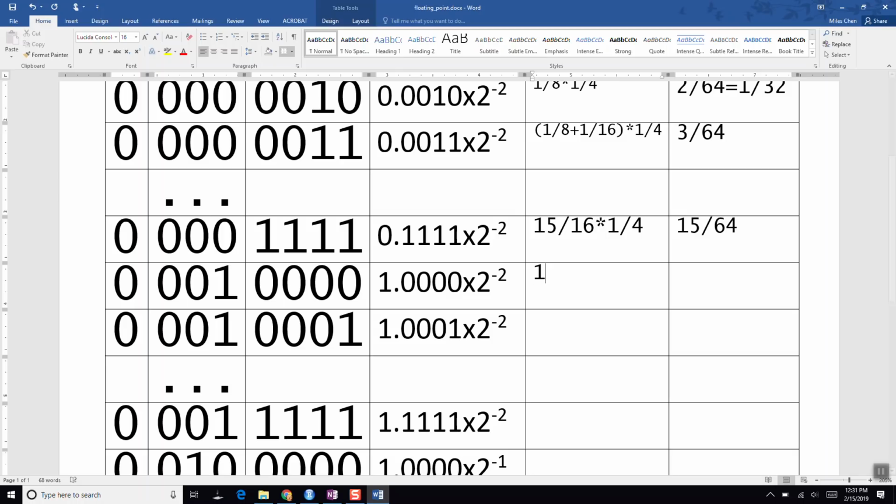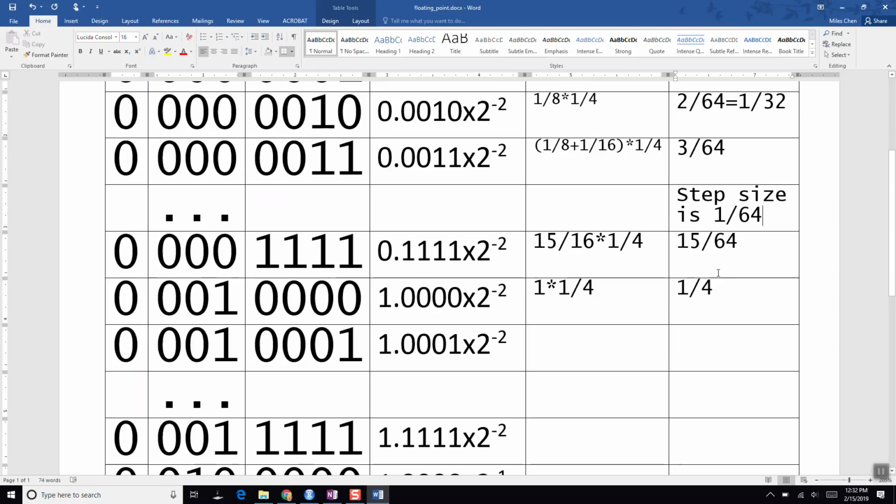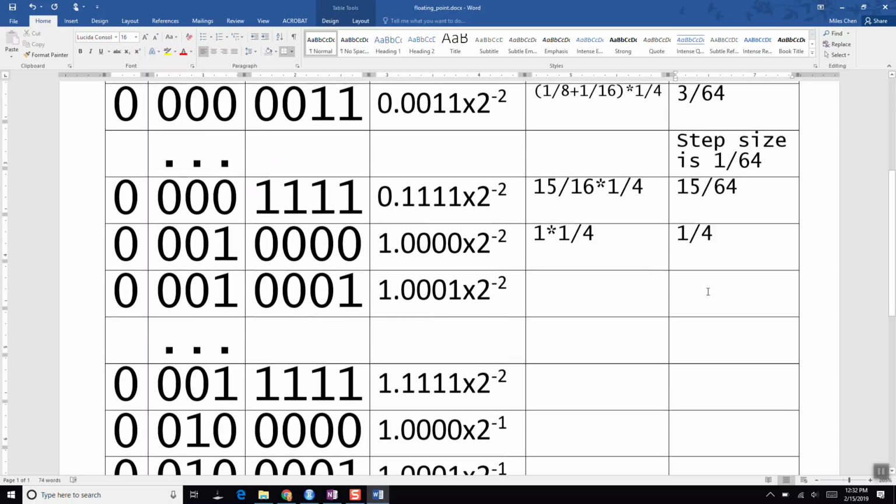And this is 1 times 1/4. And so here we get 1/4. So all of these, our step size is 1/64. We're incrementing by 64ths. I start off with 1/64, 2/64, 3/64, all the way up to 15/64, and now I'm at 16/64.